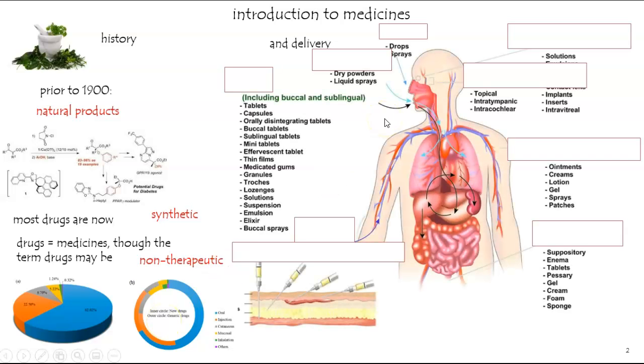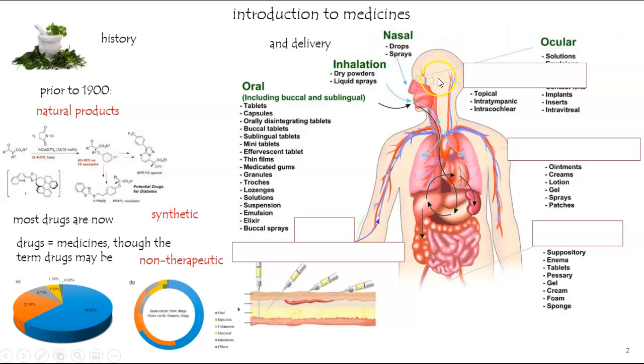Let's have a look at some delivery methods. As stated before, most drugs are pills and they're delivered orally. It could also be delivered by inhalation through the mouth, which is fairly rare. Powders, liquid sprays, for example. You may want to deliver it through the nose. This is nasal delivery. A lot of nasal treatments are delivered this way.